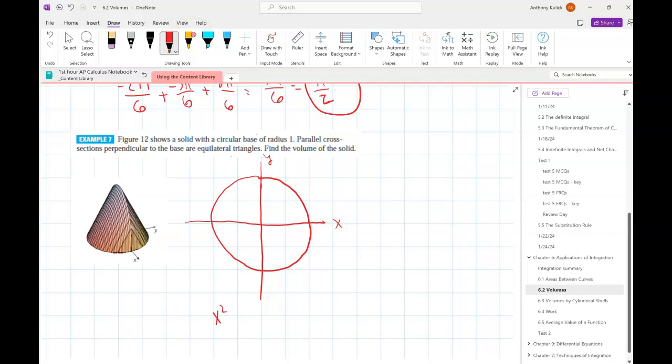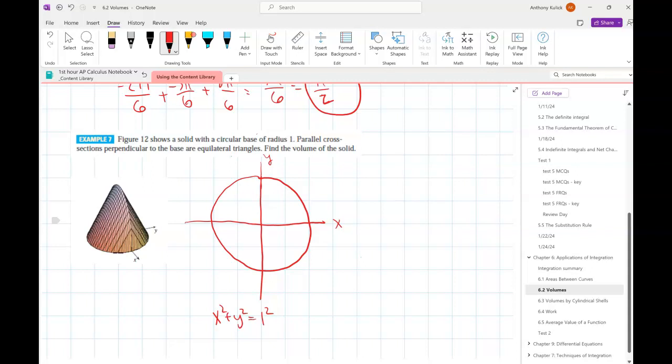And since it's radius 1 and I've chosen to center it at the origin, we know that the equation is x squared plus y squared equals r squared. It says parallel cross sections perpendicular to the base are equilateral triangles. Find the volume of the solid.